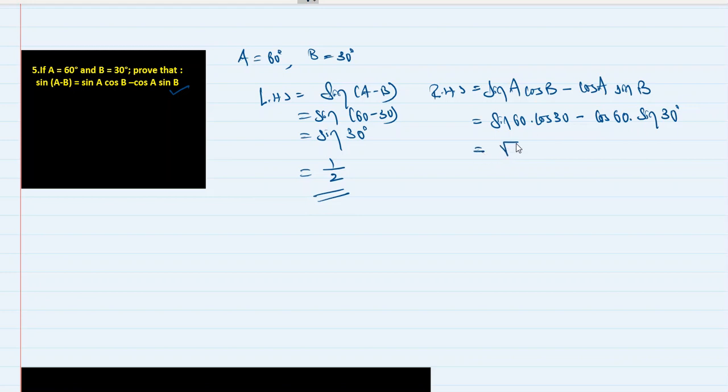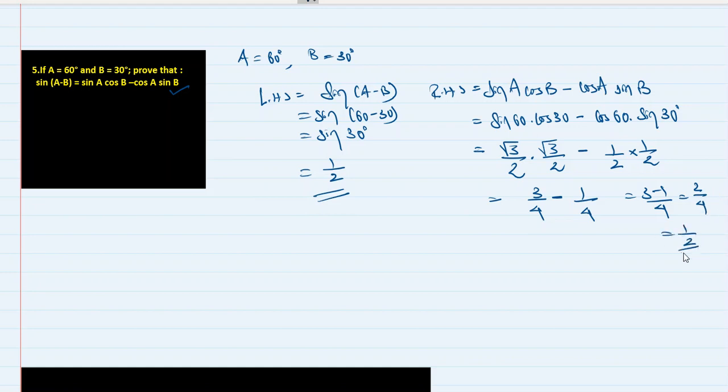Sine 60 is root 3 by 2, cos 30 is root 3 by 2, minus cos 60 is 1 by 2 times sine 30, which is also 1 by 2. So this is root 3 times root 3 is 3, 2 times 2 is 4, minus 1 by 4. 3 minus 1 by 4, 2 by 4, which is 1 by 2.